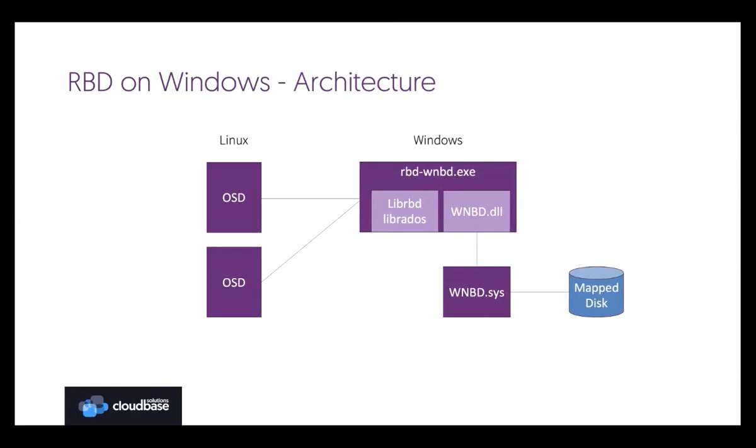From there, we have access to the mapped disk. On the other side, of course, it connects outside of the Windows node itself to the OSDs, and similarly for CephFS, to access the data itself.